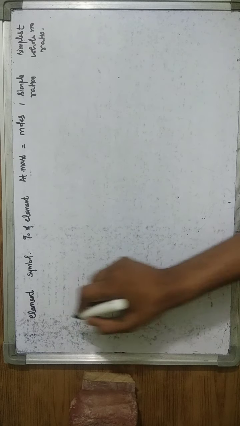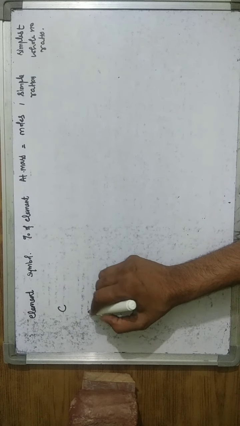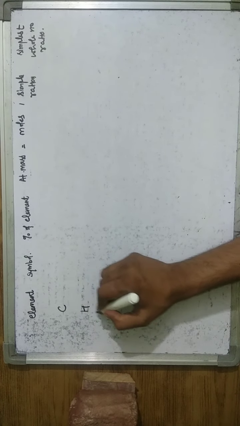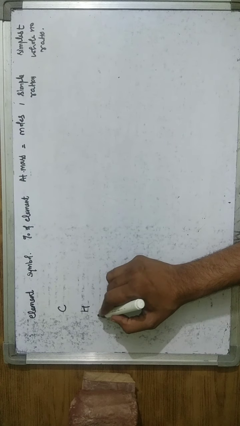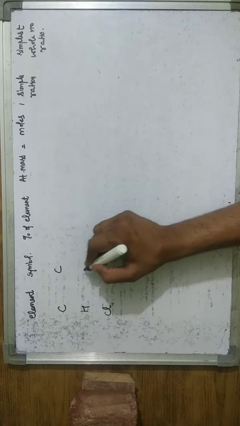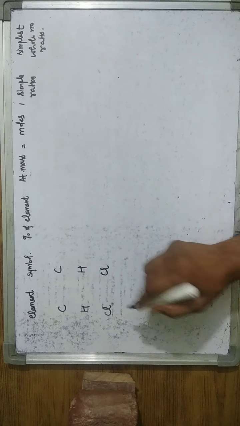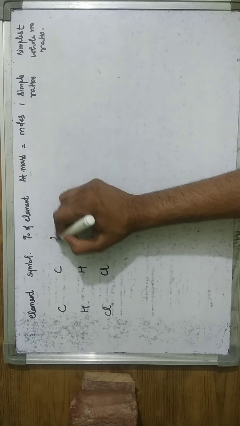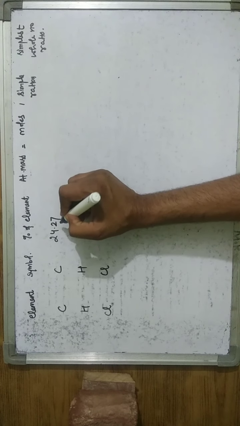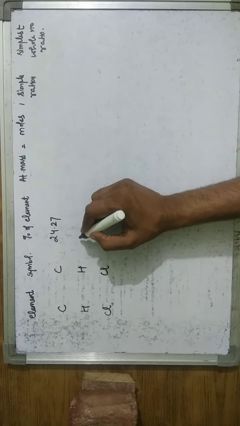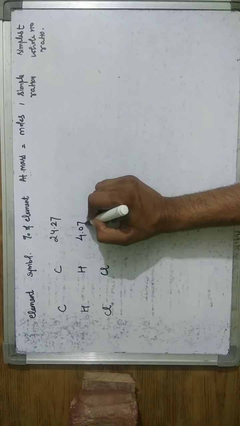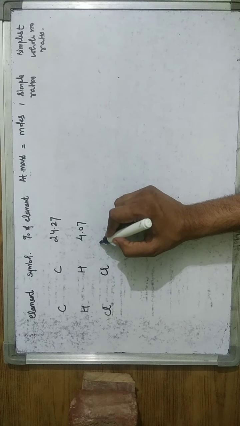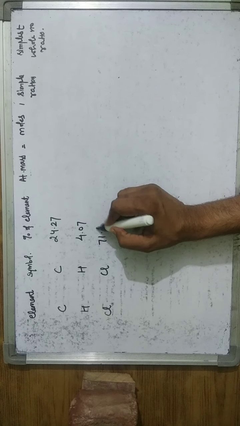Just like I take carbon, hydrogen and chlorine. These elements are taken. Their symbols are carbon, hydrogen and chlorine. You write the name here. What percentage of carbon is given? 24.27%, and percentage of hydrogen is 4.07, and percentage of chlorine is 71.65.